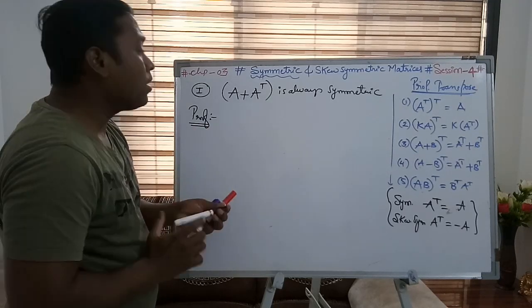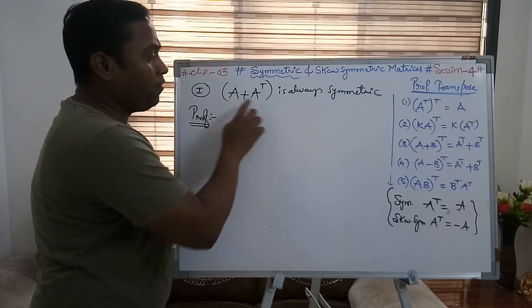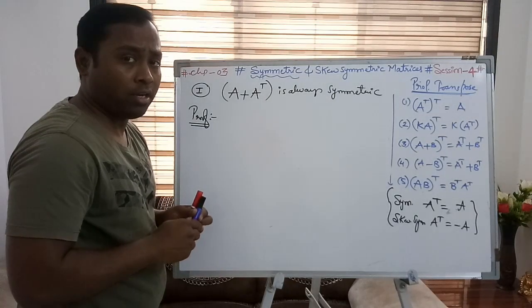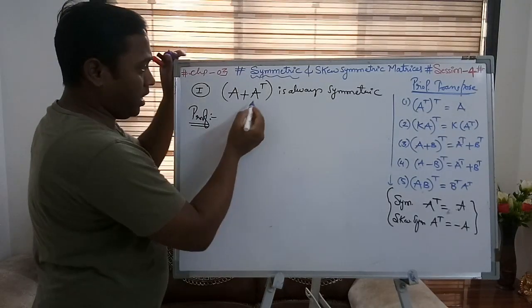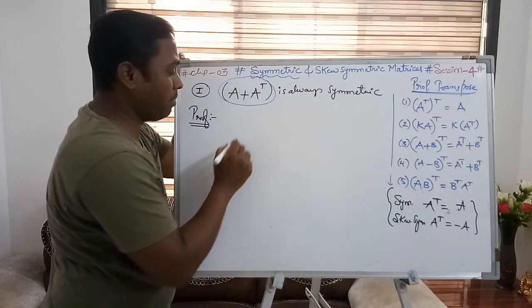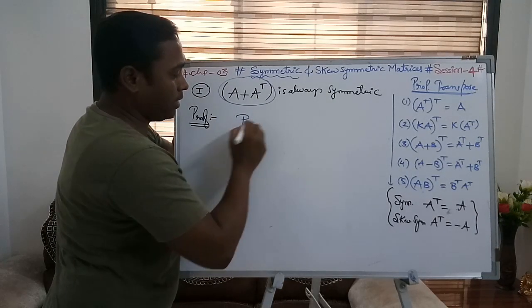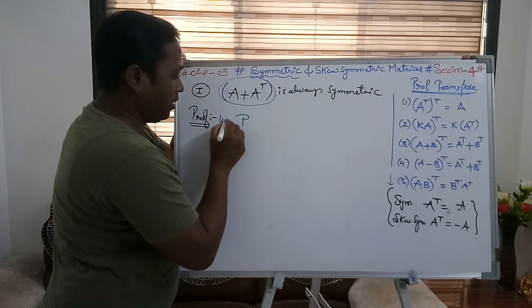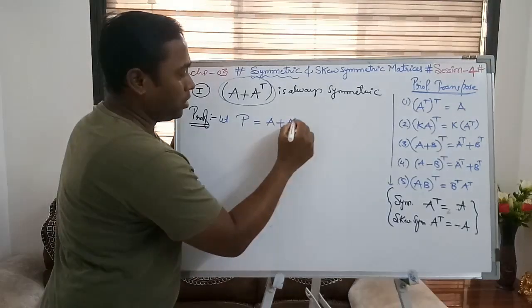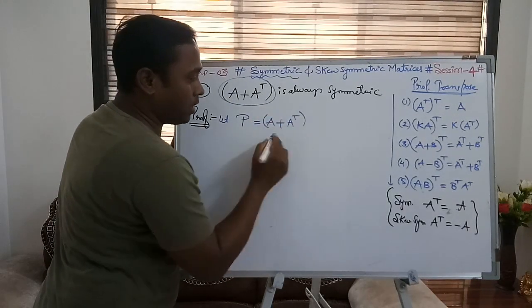Right. Now you know, the addition of 2 matrices again produces a new matrix only. So definitely I can assume this sum as a single matrix, denoted by P. Let us say P is equal to this operation, A plus A transpose.